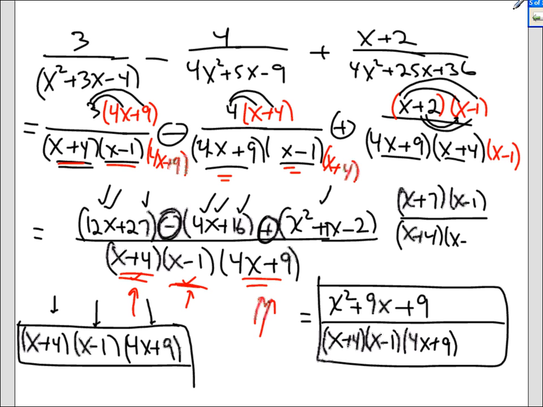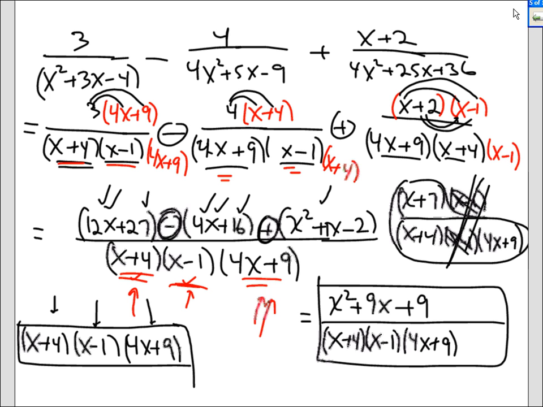All I'm saying is that when you cross this out, I want you to say that you get x plus 7 over x plus 4 times 4x plus 9, provided that x is not 1. Because this does not cancel out to 1 if x is 1. 1 minus 1 over 1 minus 1 is not 1. It's 0 over 0 or indeterminate.